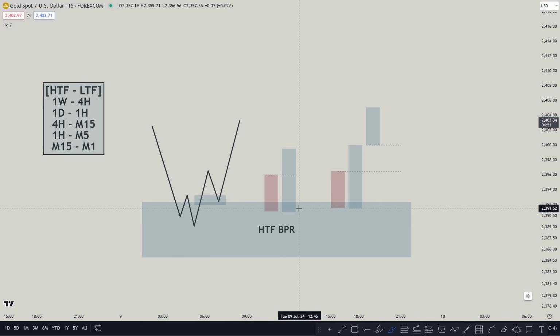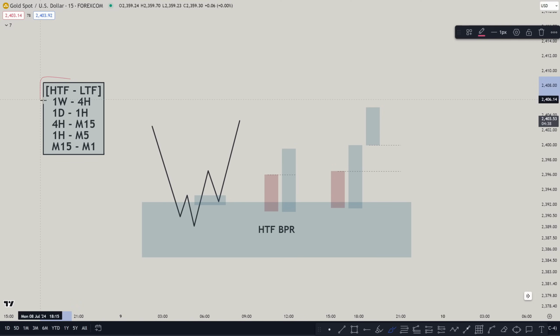This is the traditional way to trade, and after 5-6 years of trading, you come to the realization that it's all about time frame alignment. So higher time frame to lower time frame: we're going to go from weekly to 4 hour, daily to 1 hour, 4 hour to 15 minutes, or 15 minute to 1 minute.